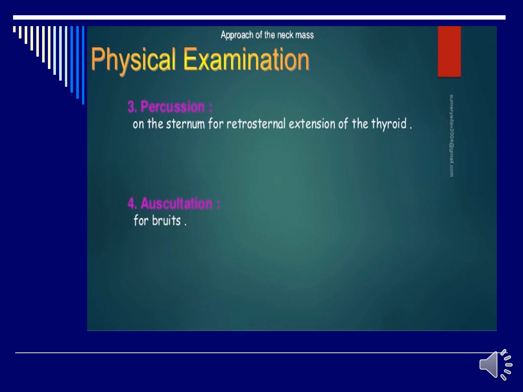Percussion on the sternum for retrosternal extension of the thyroid. See if there is extension, especially with thymus tumor. And auscultation of the neck to exclude thyrotoxicosis, which produces a bruit, during examination of the neck vessels.